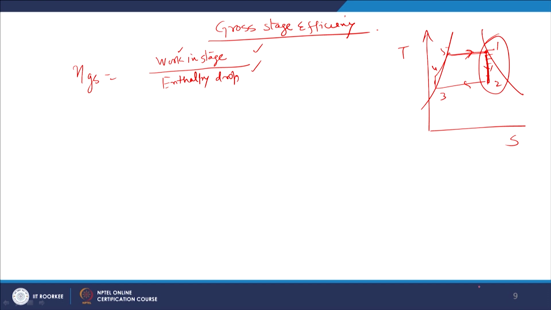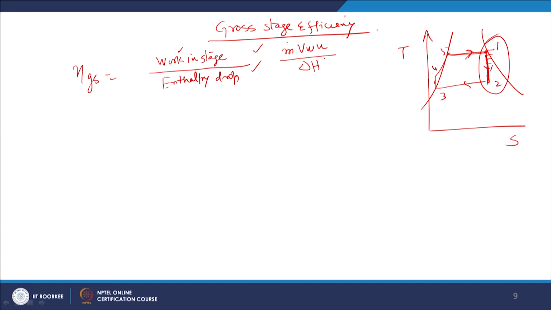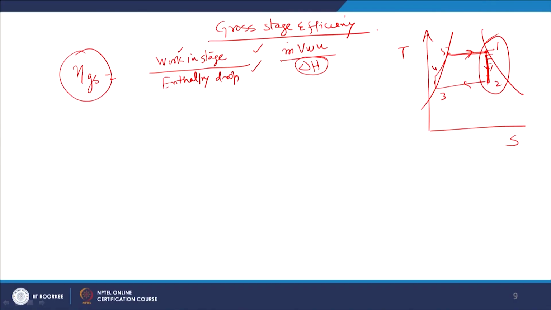Work output in a stage we have already calculated: m Vw U, that is the work output in a stage. Enthalpy drop delta H. This is the gross stage efficiency. Now it can be further modified, because basically this enthalpy drop is in nozzles, where this change in enthalpy is converted into the kinetic energy, right.